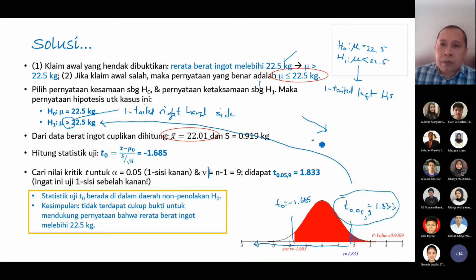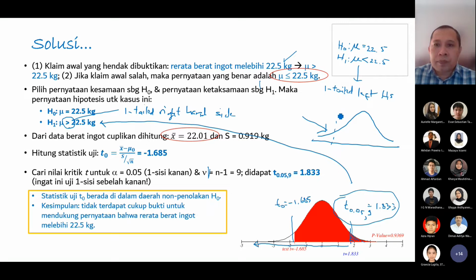And now, of course, if we draw the relative position of the T0 and the critical T, yeah. So now this is the T critical, right? This is the T 0.05 at 9 degrees of freedom.